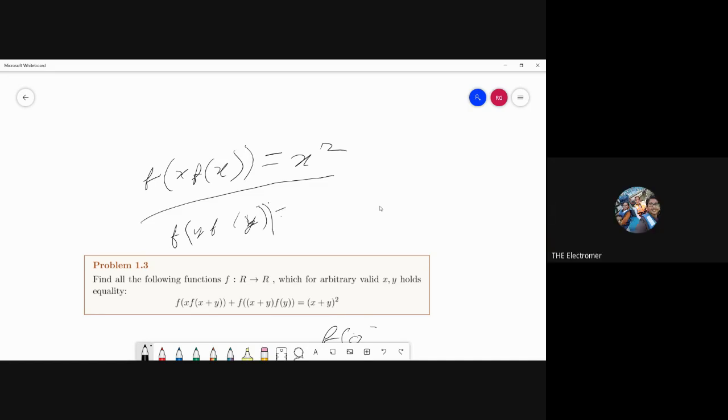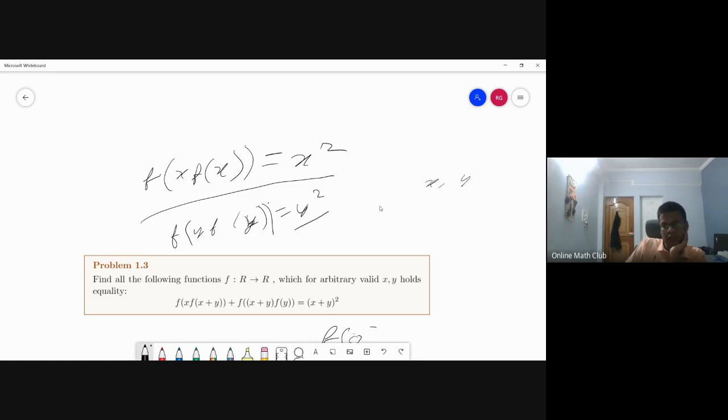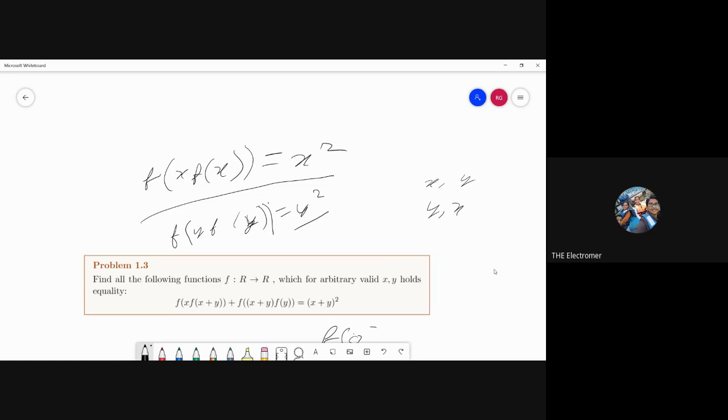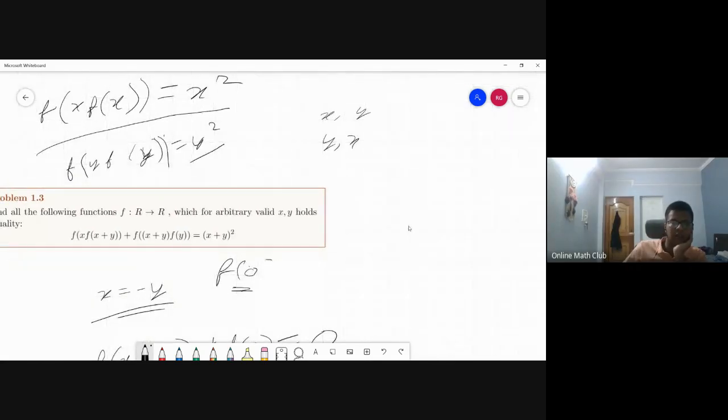Okay, so it's just a bit non-symmetric in x and y, so maybe we could use that. Okay, so we switch between x and y. Seems good. I like it. So we get f of f of x plus y.